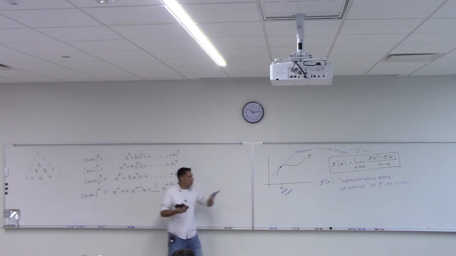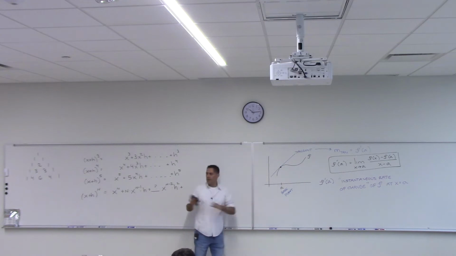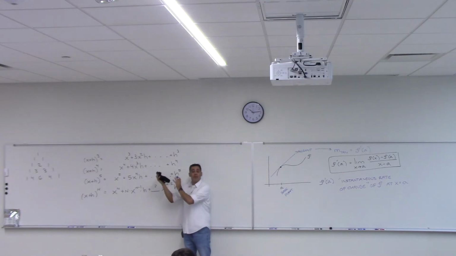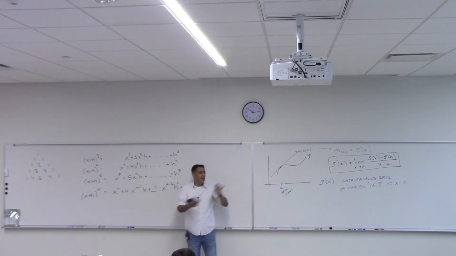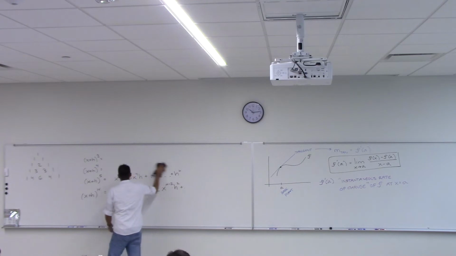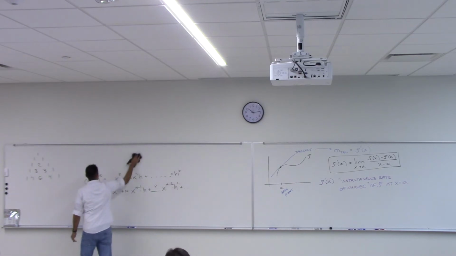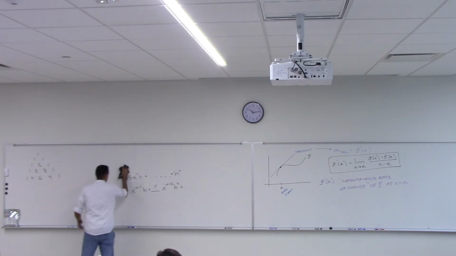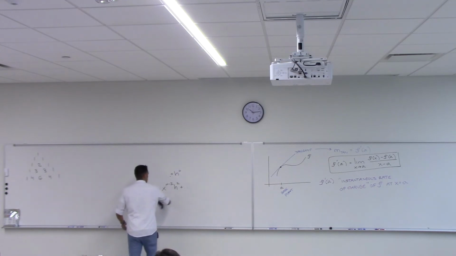Sometimes the algebra is easier with the first definition, or sometimes the algebra is easier with the new definition. And there's nothing that really ever tells you which one to use. You just have to play with them and see, all right? So I'm going to get to this second definition. I'm not just going to put it on the board.